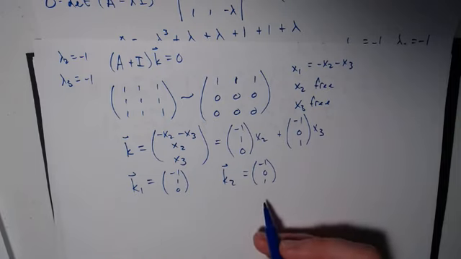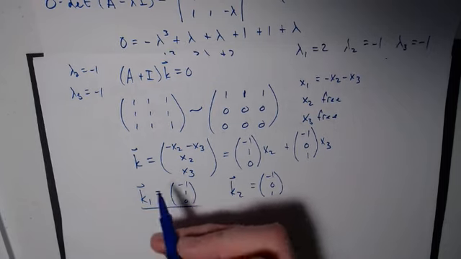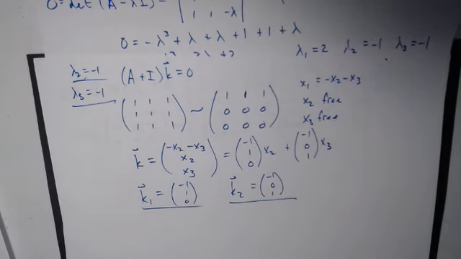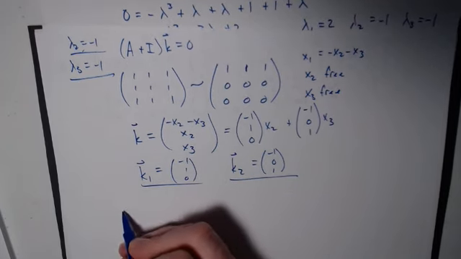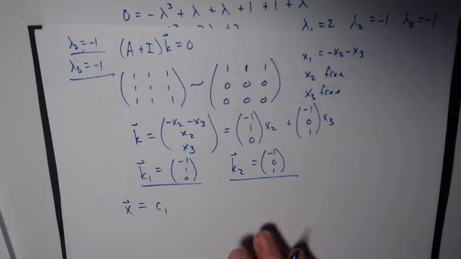And so now we've got a k for every lambda. So I can put this k with that lambda and that k with that lambda. Even though those lambdas are the same, it's all right if we get linearly independent eigenvectors. So our general solution, x equals c1 times x1.